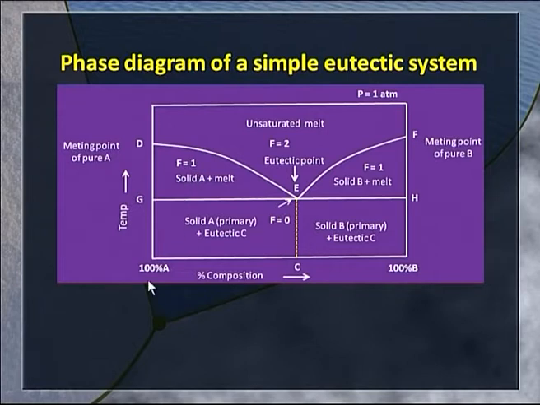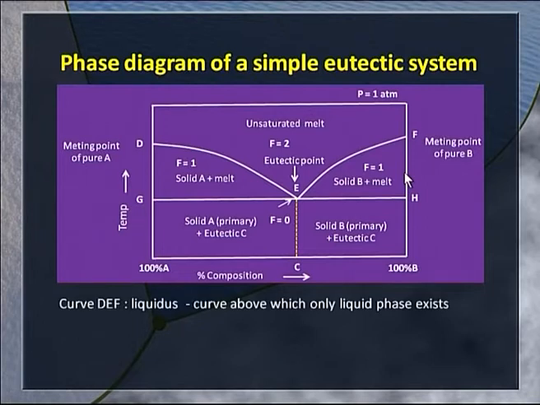Now, as you heat it, the stage comes at which solid A melts; that is the melting point of solid A. Similarly, we have the melting point of solid B. Above the curve shown here, DEF, only the liquid phase is present, in the form of a melt or a solution.